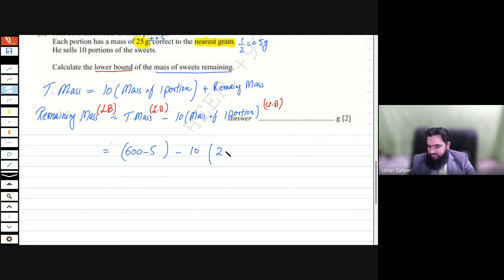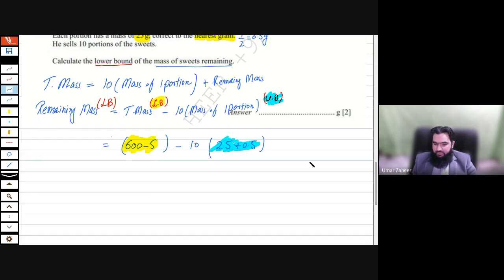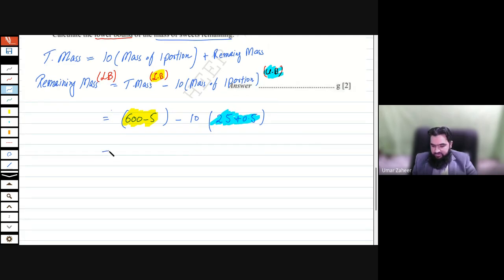Mass of one portion is 25. Upper bound means plus 0.5. So I just substitute the value of lower bound here, upper bound here. For upper bound, I have to add. For lower bound, I have to subtract. Now it's just simplification. Just please use the calculator and find the final answer.